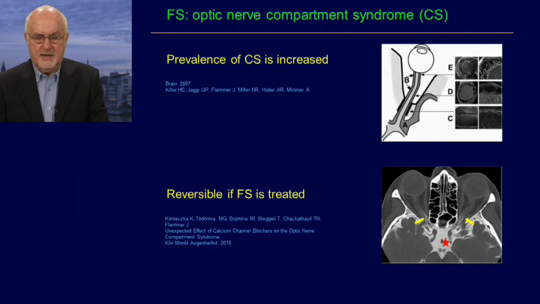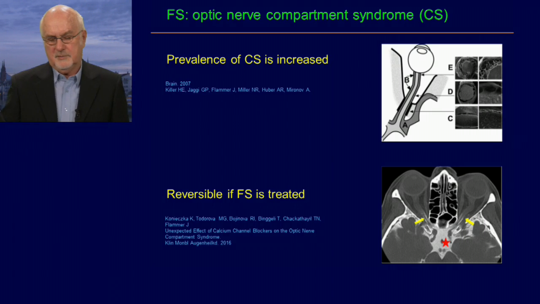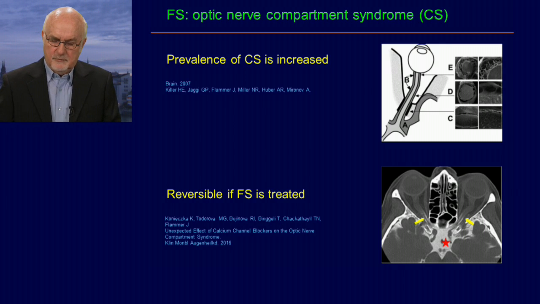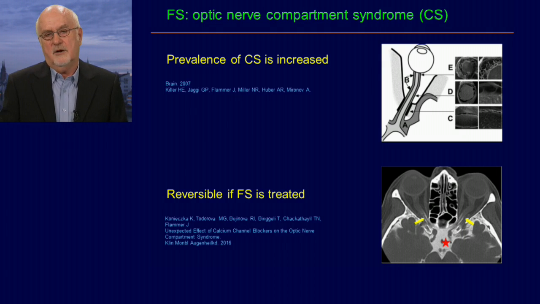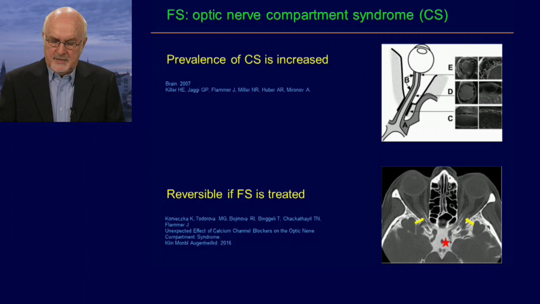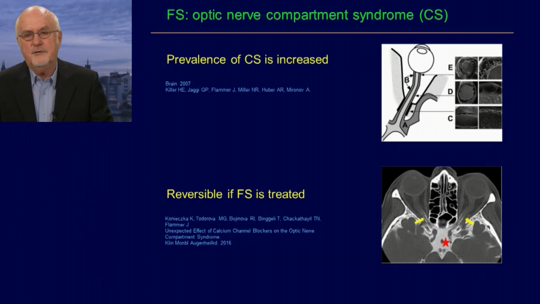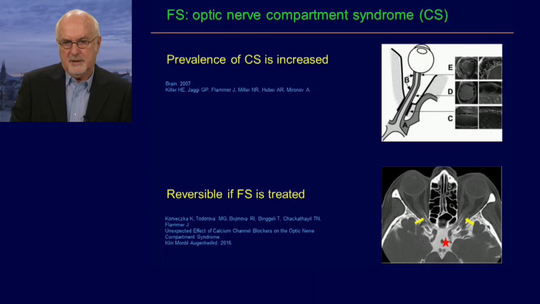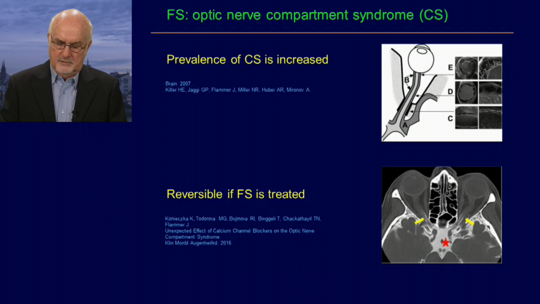People with FS have more often an optic nerve compartment syndrome. This means that the cerebrospinal fluid around the optic nerve cannot communicate freely with the rest of the cerebrospinal fluid. This leads, on the one hand, often to an increased pressure, particularly after a Valsalva maneuver, and to altered composition of the liquid.